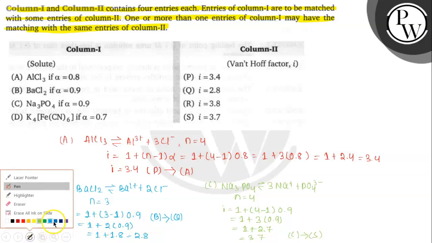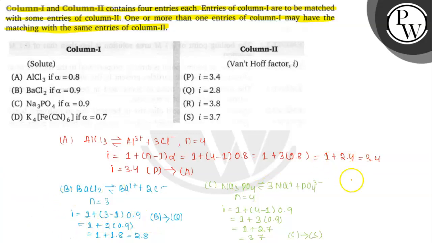Now D. So here D is K4Fe(CN)6. It dissociates to form 4K+ and Fe(CN)6 4−. So the number of dissociated ions is 5, 4 plus 1, that is 5.